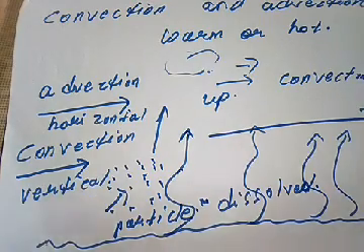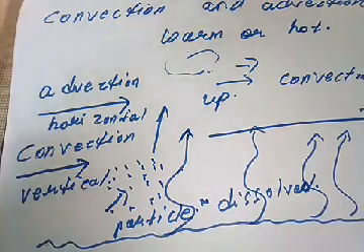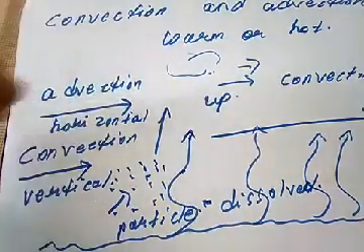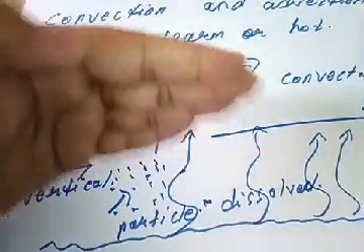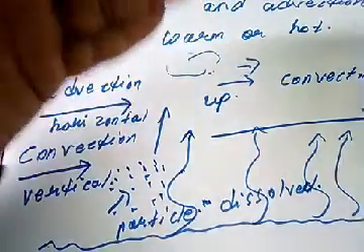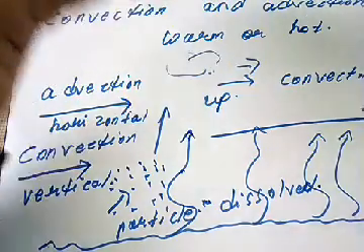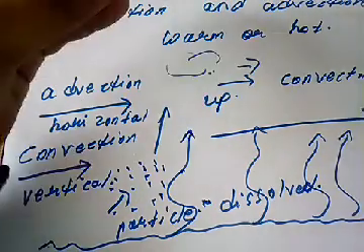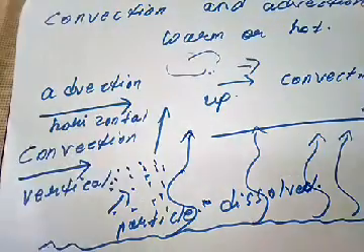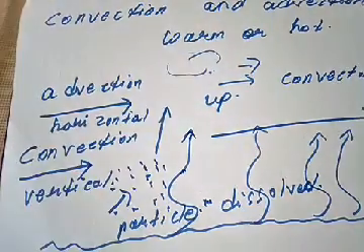Convection is the movement of fluid from the lower portion of the atmosphere to the upper portion. Advection is the horizontal movement of heat, and when heat is transferred by mass, it is vertical movement of air. When transferred by fluid movement, it is horizontal movement of air. Convection is vertical, advection is horizontal.